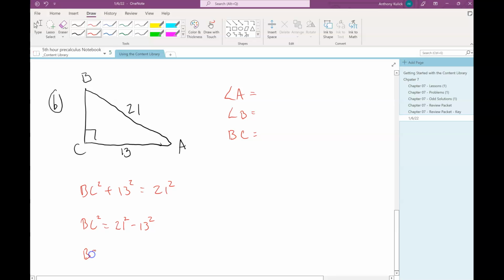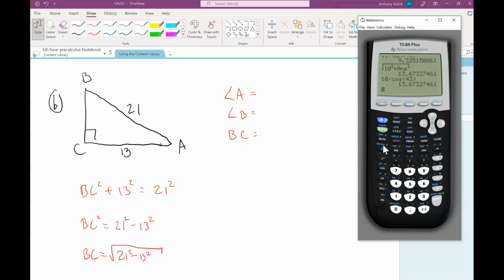And then just like before, to get rid of the squared, we'll square root. And then we'll go down to our calculator and do the square root of 21 squared minus 13 squared. Really? I can't see worth a hill of beans today.